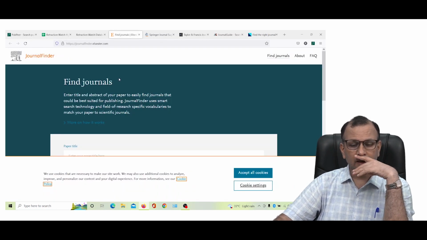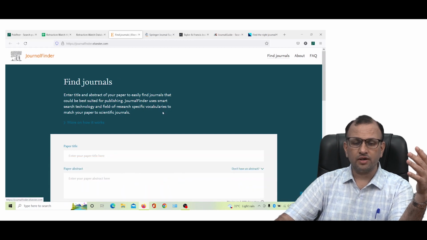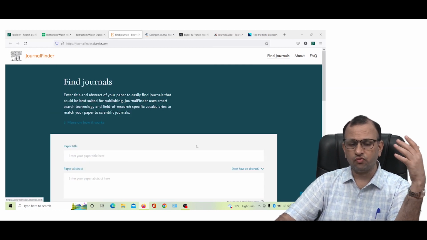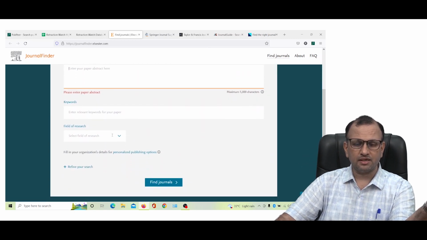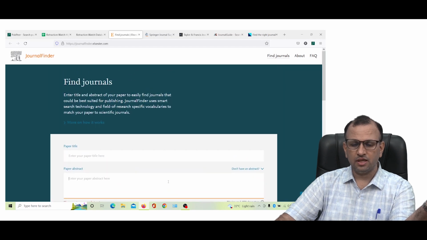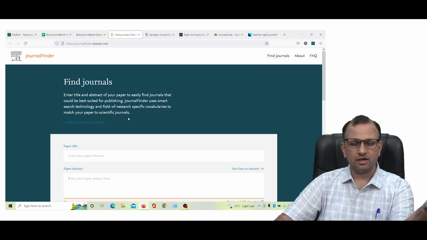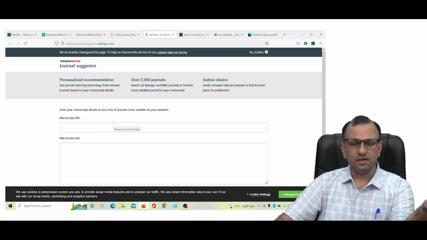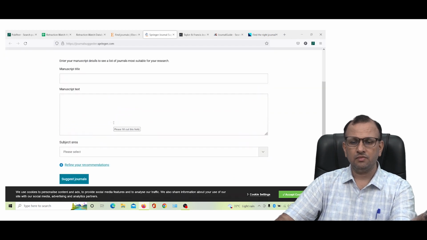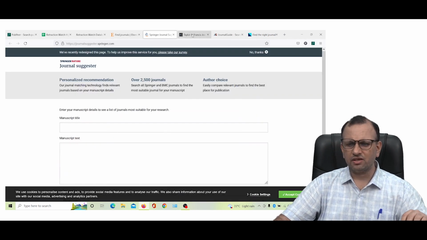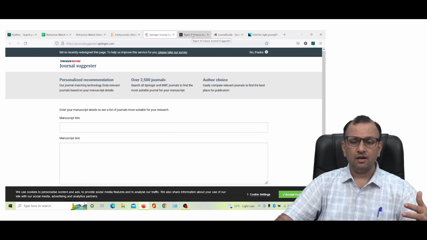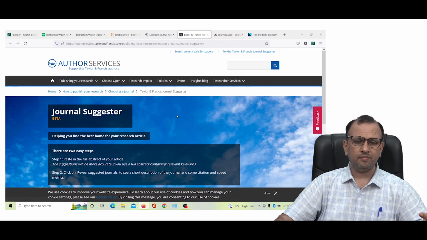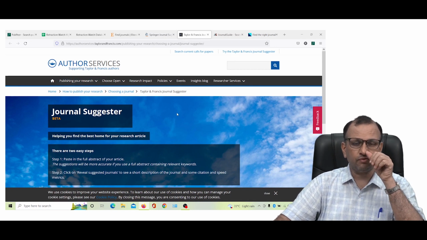Then there are some publishers who offer the journal finding or finder facilities, right? You can type the paper title and abstract and keywords and search for the journals in a given publishing house, right? For example, this is for Elsevier, right? Find journals. Similarly, this is for Springer, journal suggester. These are established publishers. Hence, this could also be a good idea to search for the appropriate journal published by given publisher. This is by Taylor and Francis.